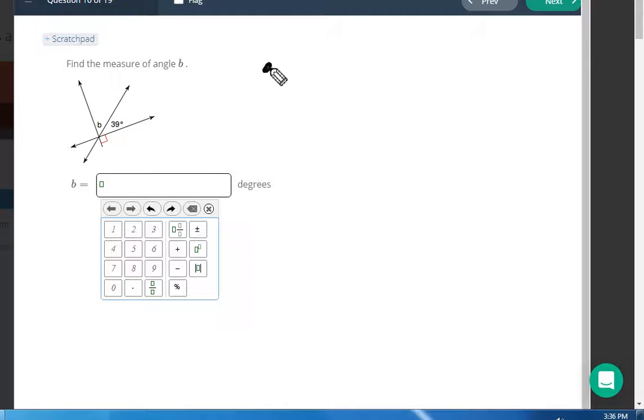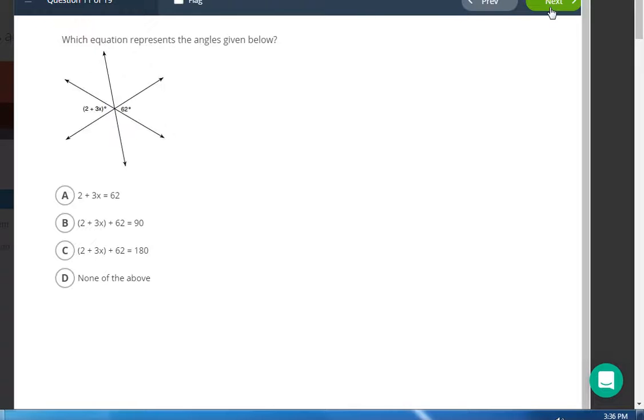So we know 90, and we know a piece of it is 39, so let's remove that 39, and it will leave us with our remaining angle, which is 51 degrees.